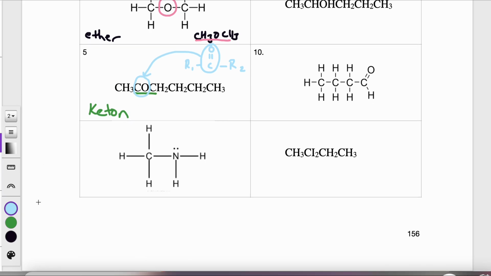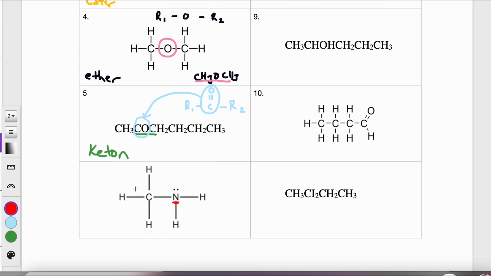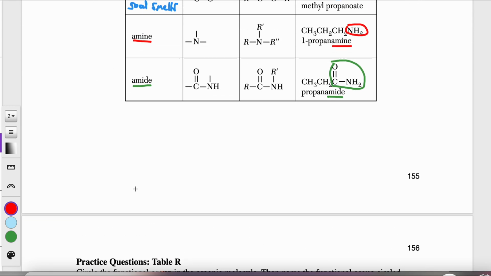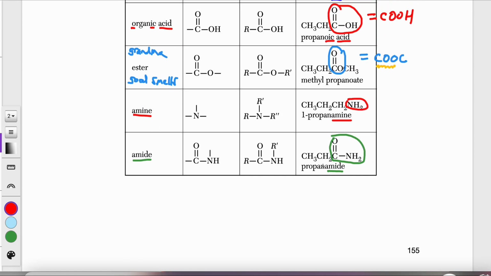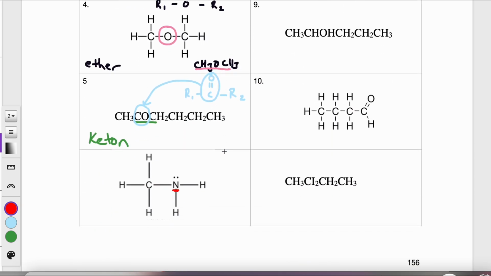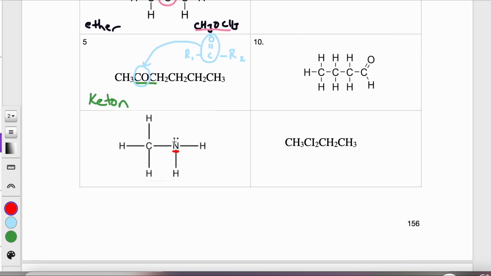Okay, so I'm taking a look at this next one. And in this structure, I see a nitrogen. So on Table R, at the bottom, I only have two choices where there's nitrogen. There's nitrogen, then there's nitrogen with oxygen. So when I take a look at this example, there's nitrogen but no oxygen.